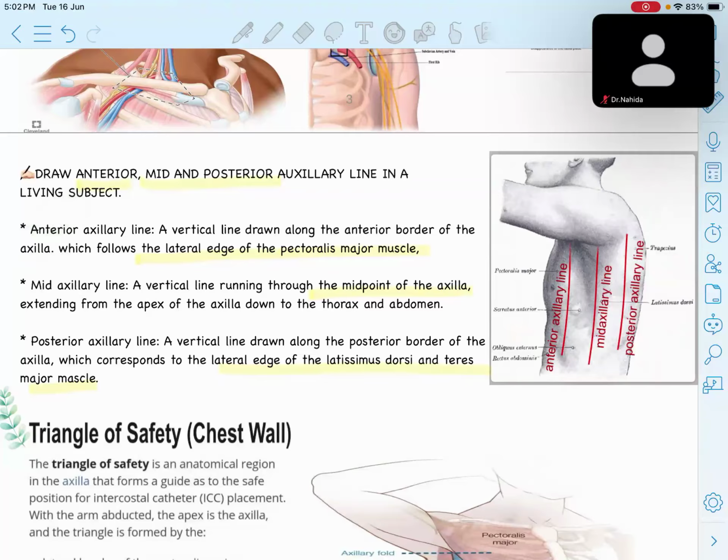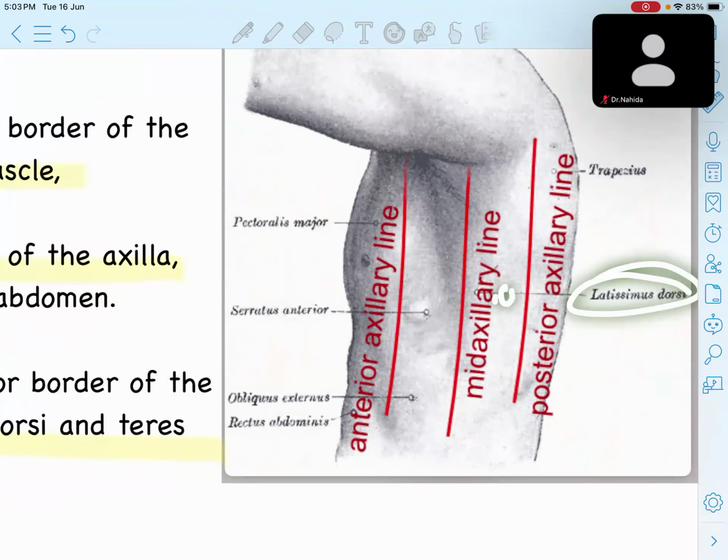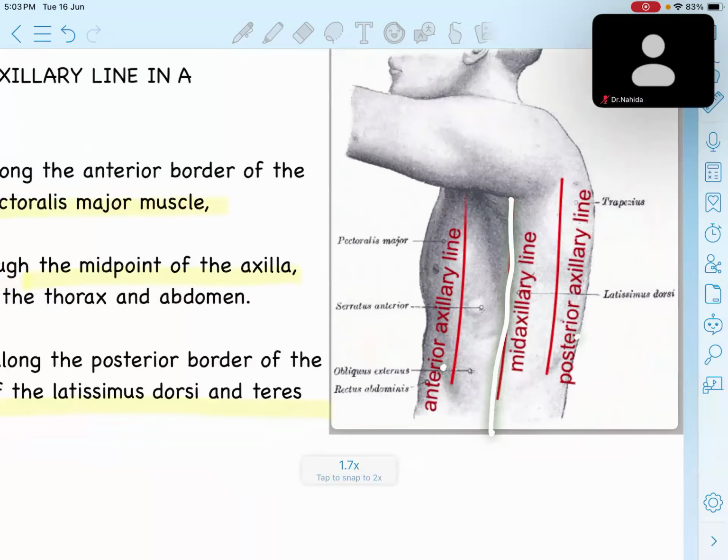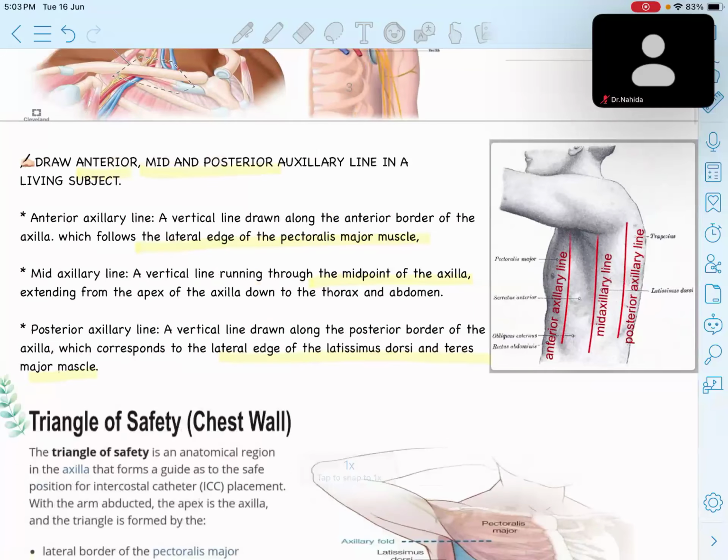The posterior axillary line is a vertical line along the lateral edge of the latissimus dorsi and teres major muscle. These are the two key points. And between the anterior and posterior lines, the mid axillary line is situated, at the midpoint of the axilla.